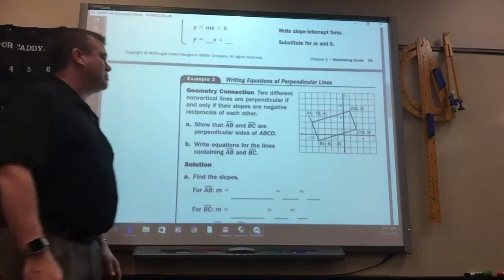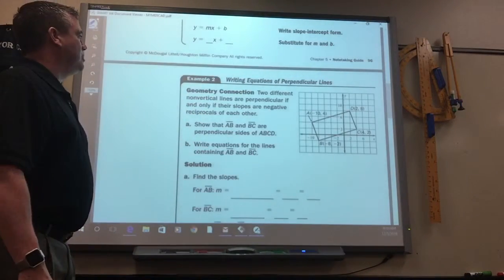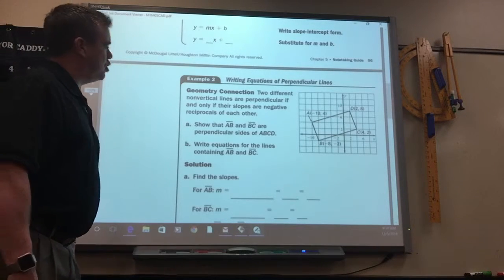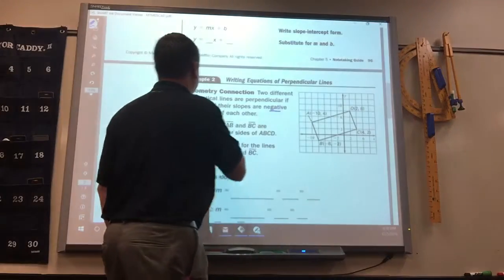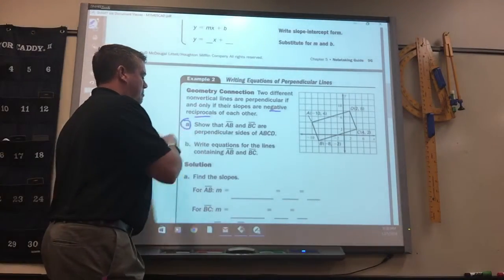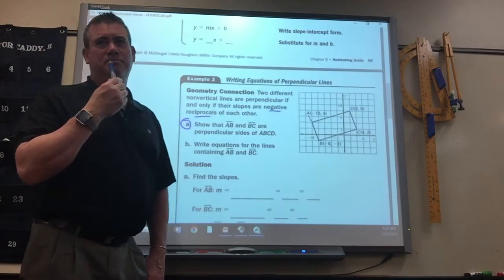So, in this one, it looks like it's a rectangle. 2 different non-vertical lines are perpendicular if and only if their slopes are negative reciprocals of each other, which we learned before. To show that sides are perpendicular, all you got to do is find the slopes of them.